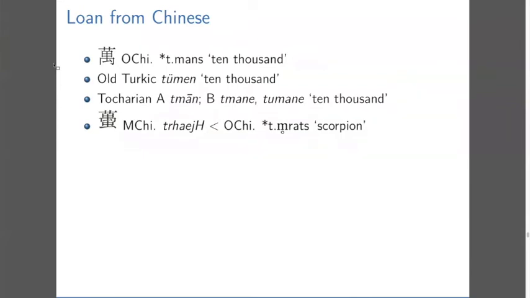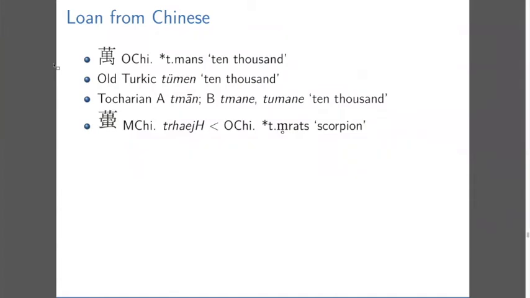Chinese has this word for 10,000, which in Middle Chinese is something like man. And Baxter and Sagart actually in 2014 reconstructed, for reasons that I'm not going to go into, with an unspecified consonant prefix. But if you look at Old Turkic and Tocharian, which were in contact with Chinese at the right time, they both point to a T prefix.